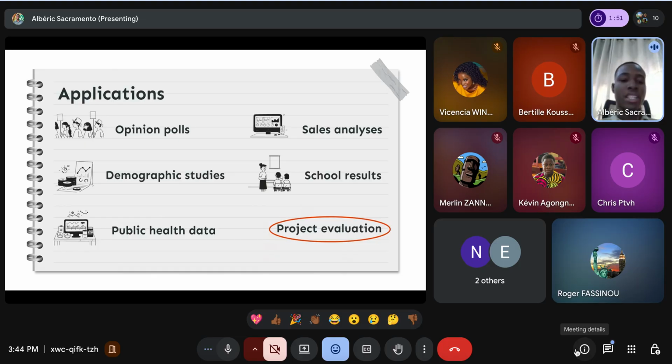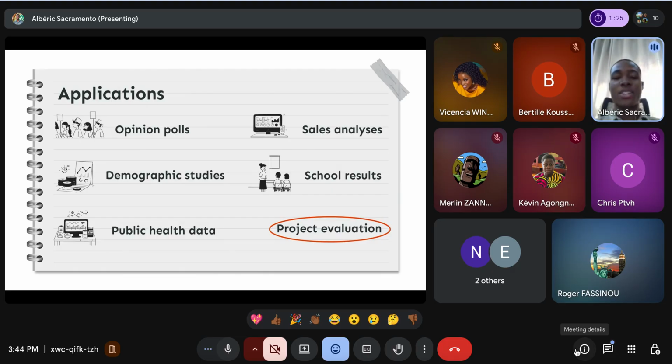We also use statistics in demographic studies, maybe we want to know how many children are born each year, or how many children women in the country can have.